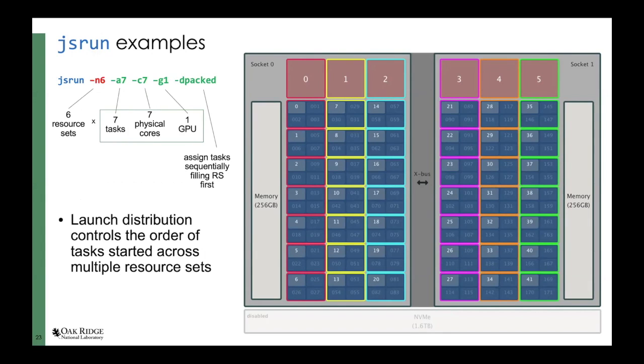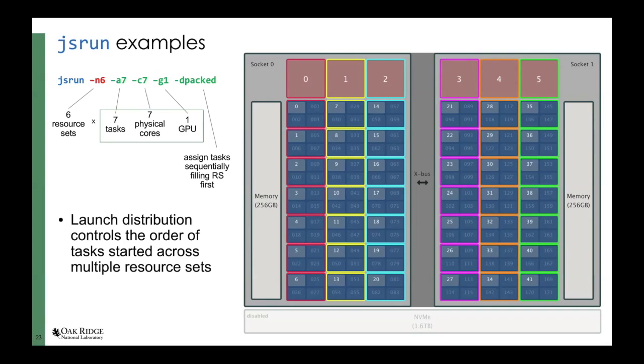We've also added to this request the distribution of PACT. So this tells the system how to lay out tasks between resource sets. PACT is actually the default, but again, it's good to specify this on the command line, and then you don't have to worry about what the default is or if something changes it for some reason under the covers.